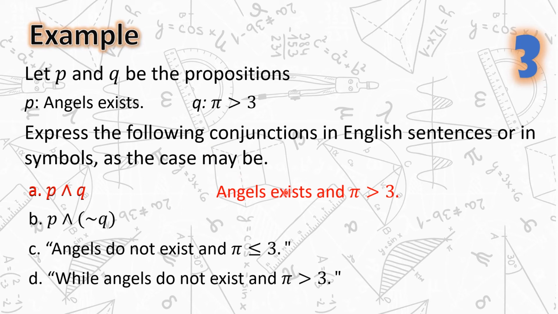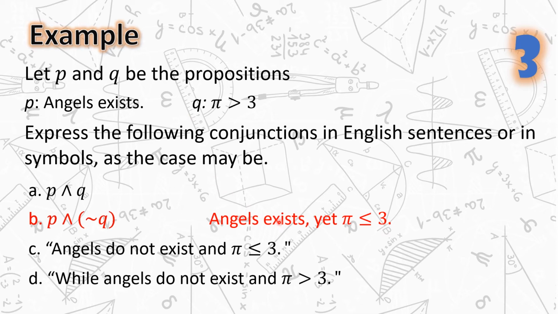So that is the conjunction of P and Q. Next, let us have letter B. Angels exist, yet pi is less than or equal to 3. That is the negation of pi is greater than 3. Or we may say angels exist and pi is not greater than 3.